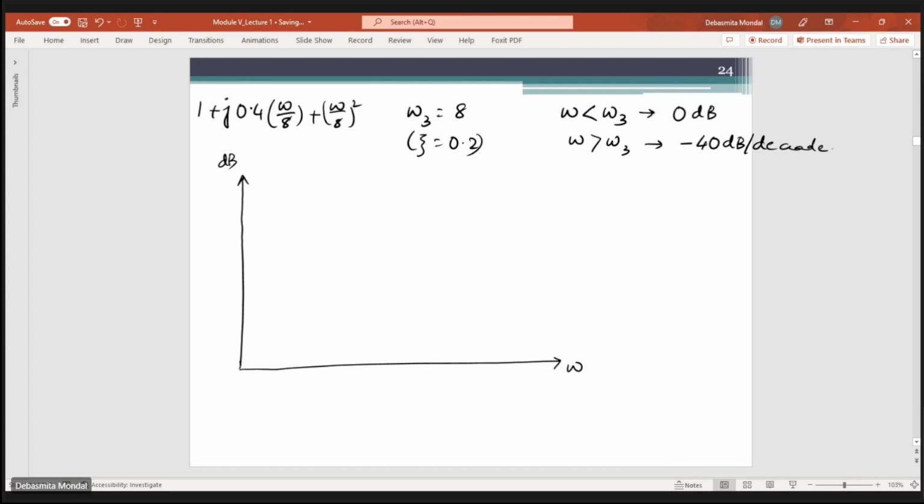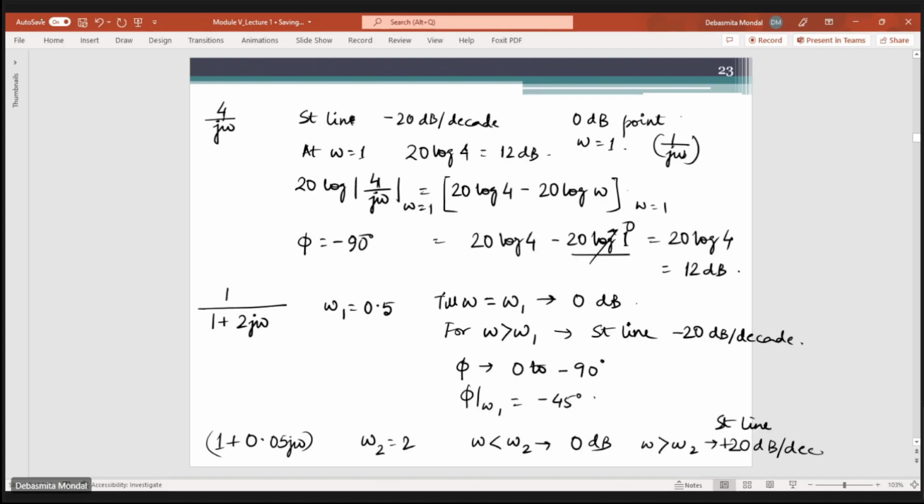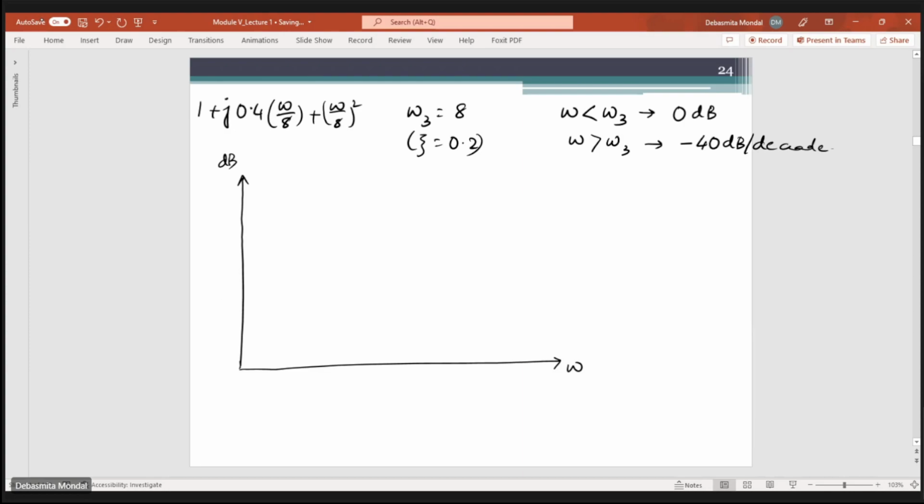First of all, we'll start with the factor 4 by j omega, because we start with the lower frequency components. The first factor is a minus 20 dB per decade line, and at omega equals 1, it is crossing 12 dB. So this is omega equals 1.